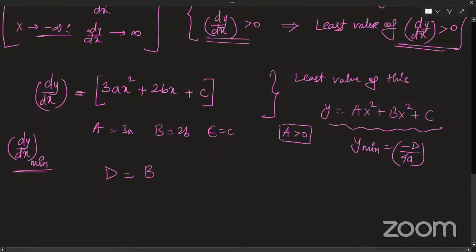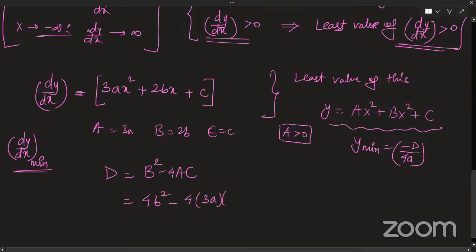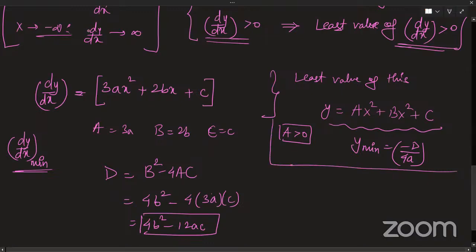It is b square minus 4ac, so 4b square minus 4 times 3a times c, that is 4b square minus 12ac. This is my D. So my least value is minus D by 4a, but in place of a, I will be writing 3a.